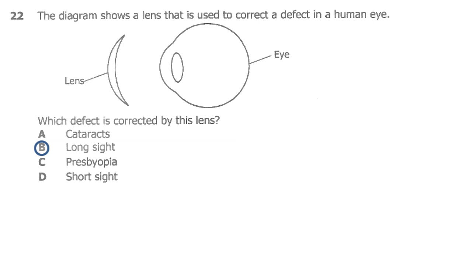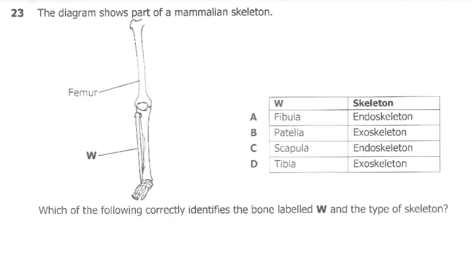23. The diagram shows part of a mammalian skeleton. So here's our skeleton, and to be precise, this is the hind part of the skeleton. Which of the following correctly identifies the bone labeled W and the type of skeleton?